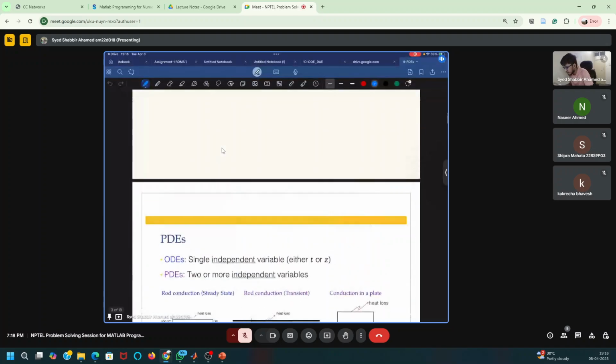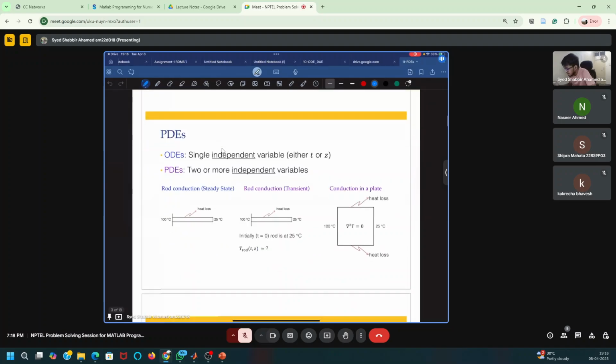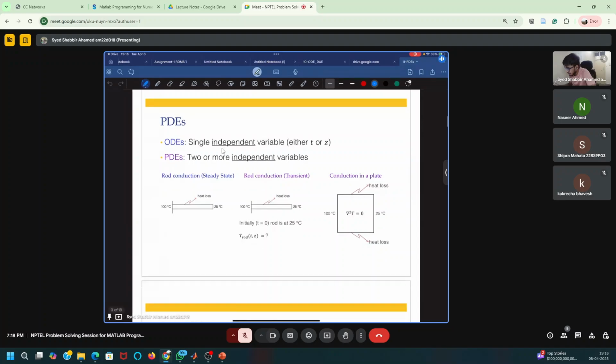The partial differential equations arise when your function has dependence on two or more independent variables. These are some of the problems which we have solved. Rod conduction in a steady state is a problem which we can solve.